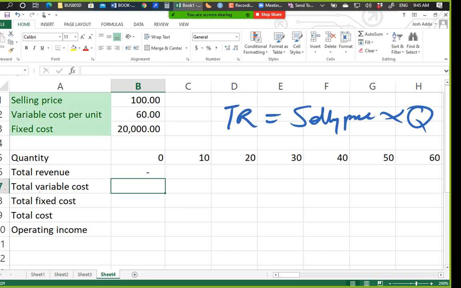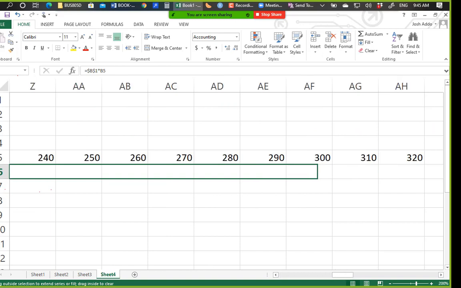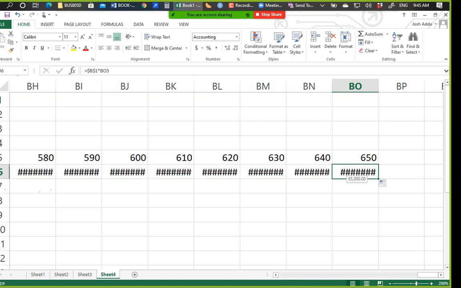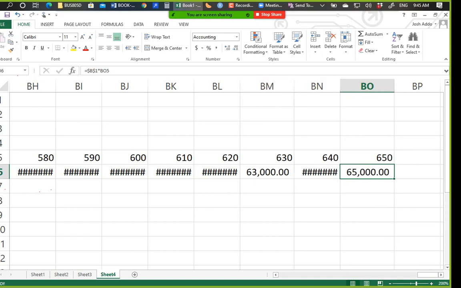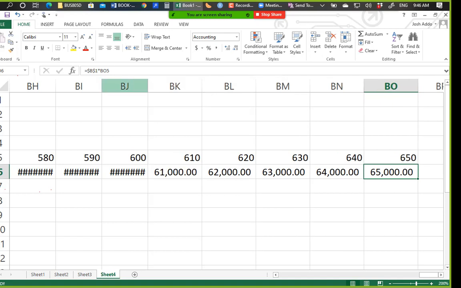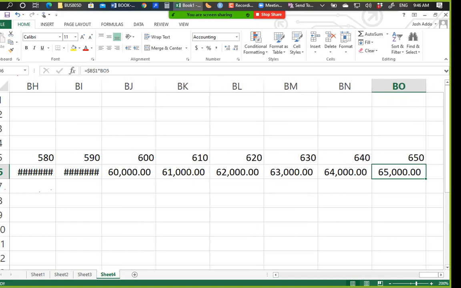Okay, so this is 0; in accounting, that will be a dash. When we drag, it automatically calculates all the sales revenues for us. These hashtags you are seeing mean that the width of the column is smaller, so you can double click the column heading lines to resize them.